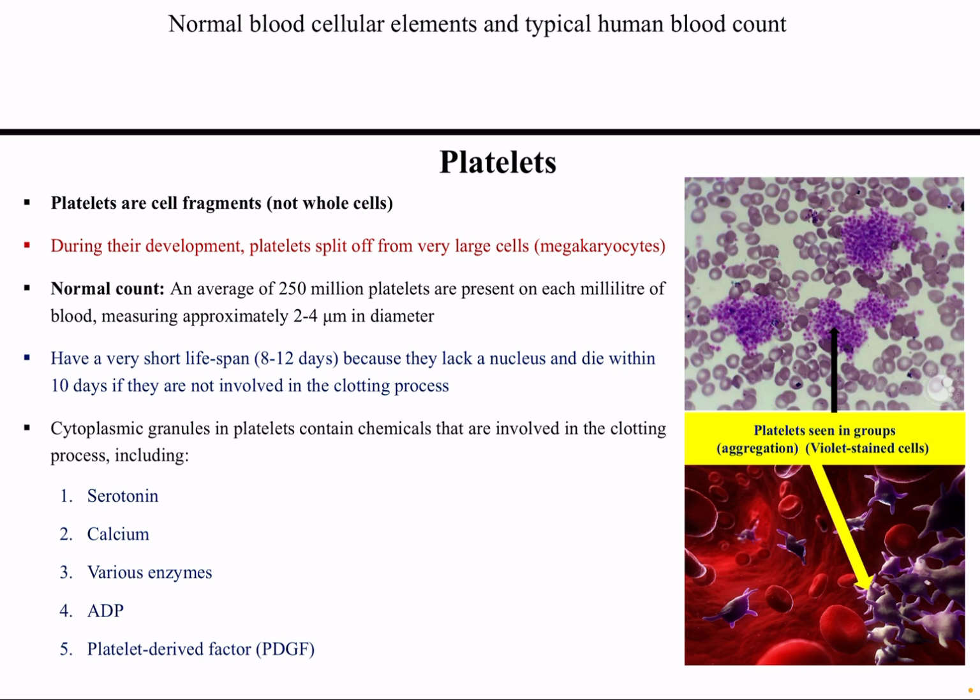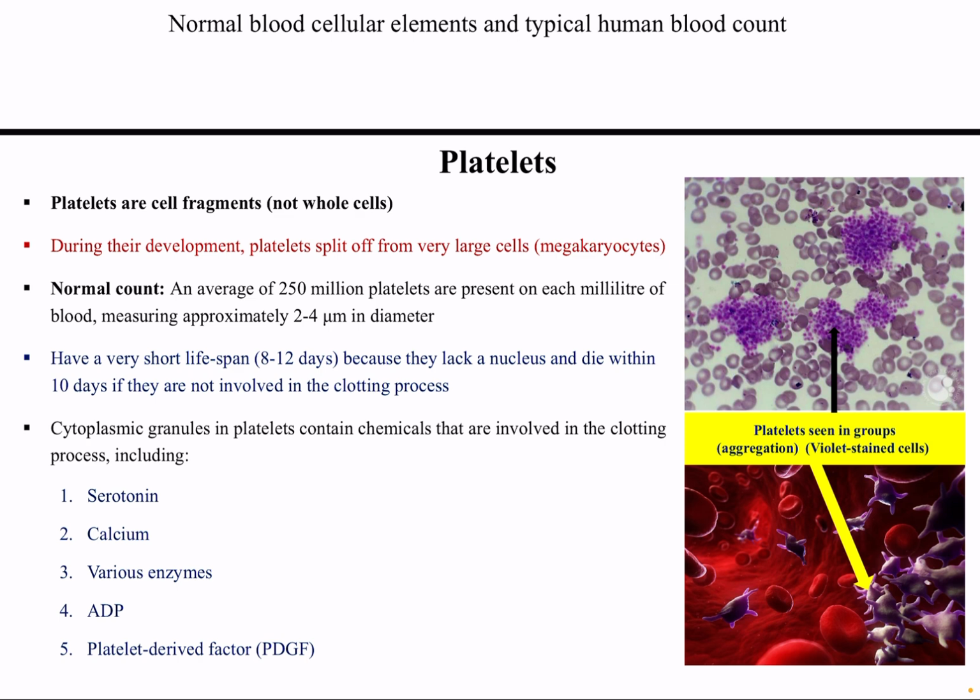Importantly, the platelets contain granules, and these granules contain mediators which are important for their function, like serotonin, calcium, a number of enzymes, ADP, and platelet-derived factor. All of these mediators are highly important for the platelets' function.